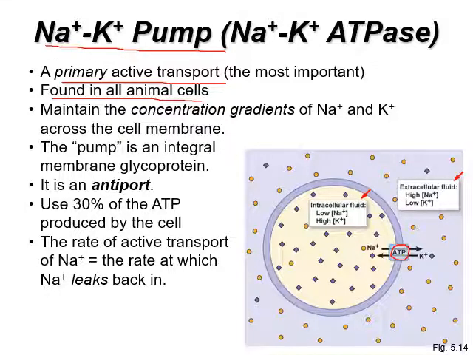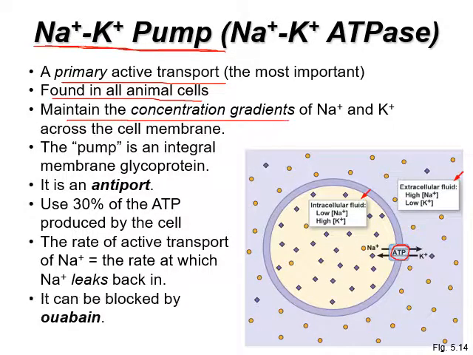So this is an important protein in biology. You find it throughout the whole animal. So basically what it is doing is maintaining concentration gradients. So remember, these pumps are used to make areas of high concentration and areas of low concentration. Okay? It is antiport because it's going to move sodium out of the cell and potassium in.